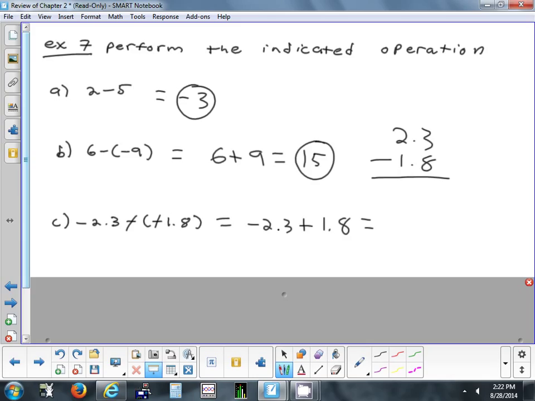So what do we know the sign is going to be right away? Negative. And now if you subtract 1.8 from 2.3, what do you get? 0.5. Okay, negative 0.5.